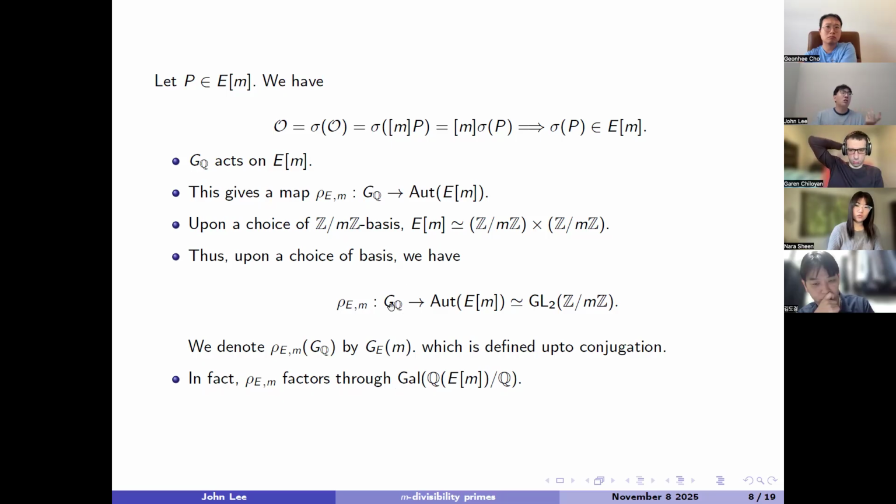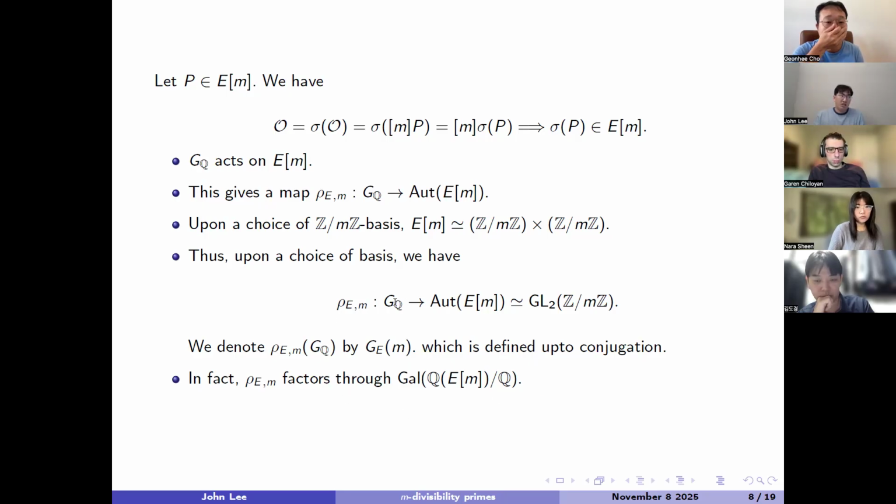In particular, if GQ is fixing Q(EM), then every element will be the identity element here. So you can quotient GQ, which is, by the way, the absolute Galois group, by the absolute Galois group over Q(EM), and this Galois representation still works nicely because that one is inside the kernel, and that quotient is nothing more than this group.